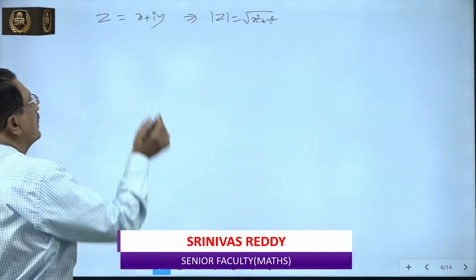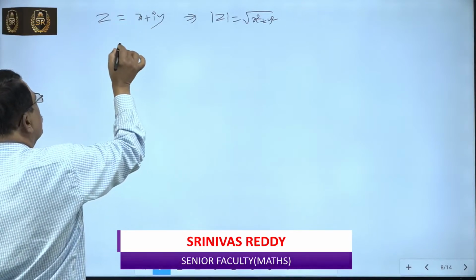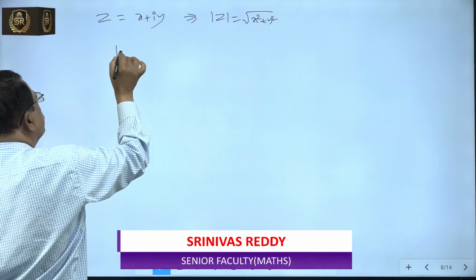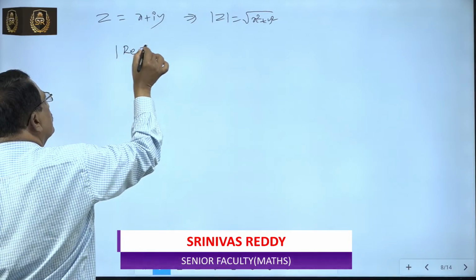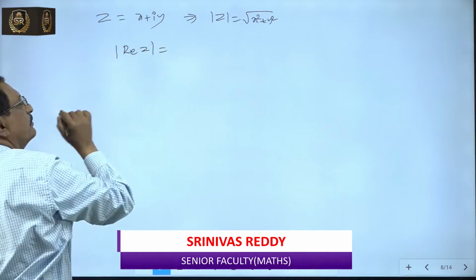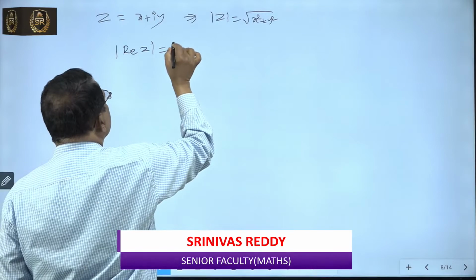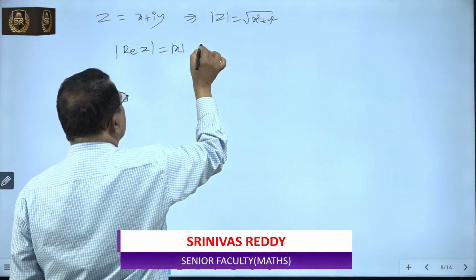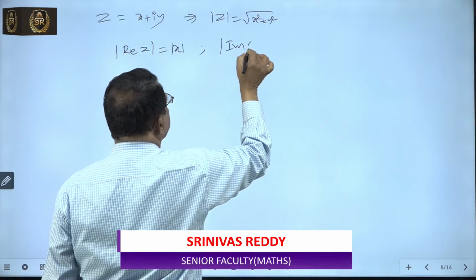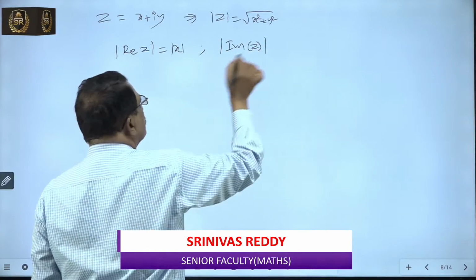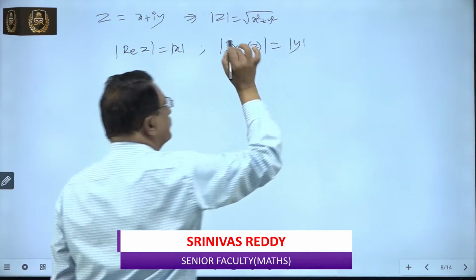Now always, if Z equals x plus i y, what is mod of real part of Z? It equals mod x, and mod of imaginary part of Z equals mod y.